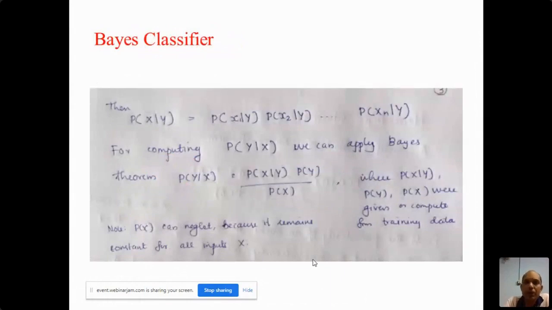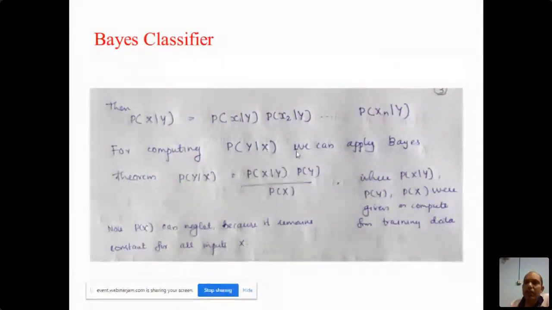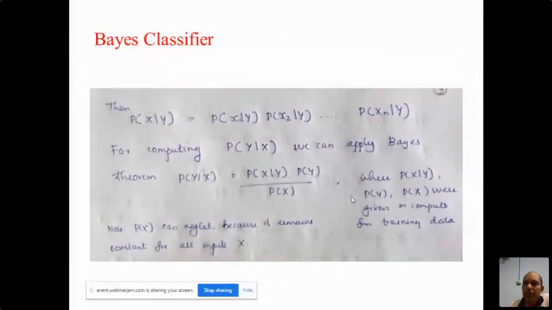Once again, we are computing the class label y, where x is the new data point. We can apply Bayes theorem here for the calculation, where P(x|y), P(y), and P(x) are computed from the training data set.